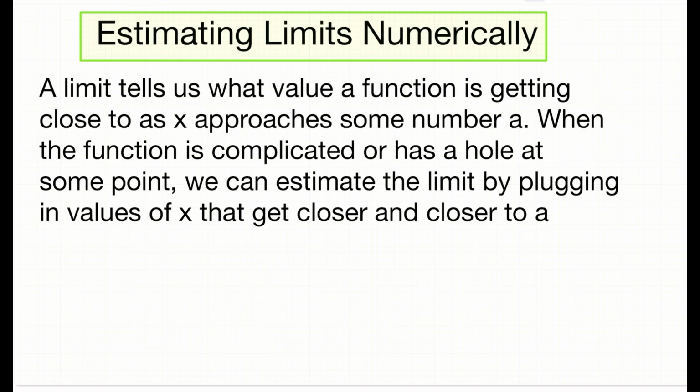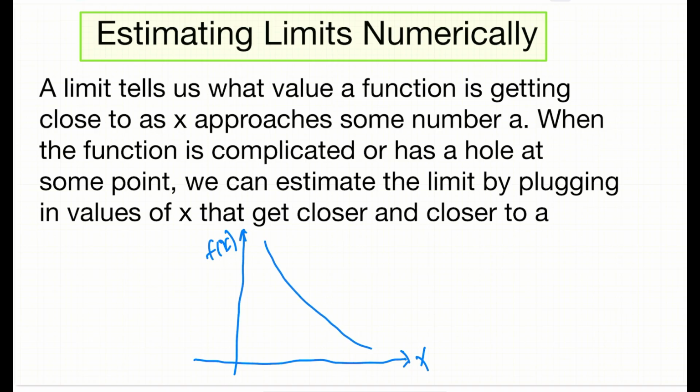So what we want to do here is look at our typical function. This could be just a random function. So there's x, the y-axis is f of x. Let's just do a nice little curve right here. Now we want to estimate at this point a.